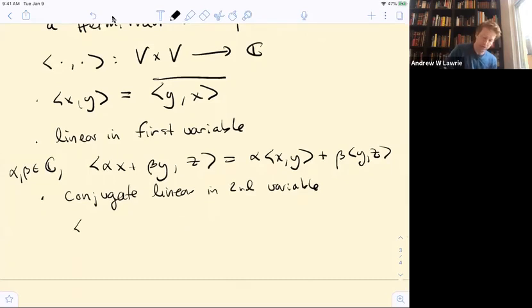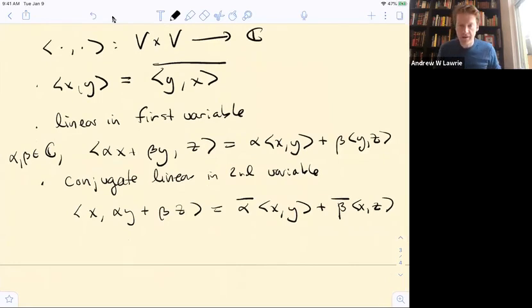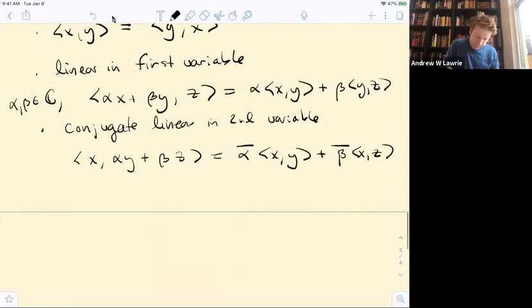These are properties so that it plays nicely with complex numbers. It's alpha bar times the inner product of x and y plus beta bar times the inner product of x and z. So it's an inner product, and it also gives rise to a norm, same as before. The rest is the same.